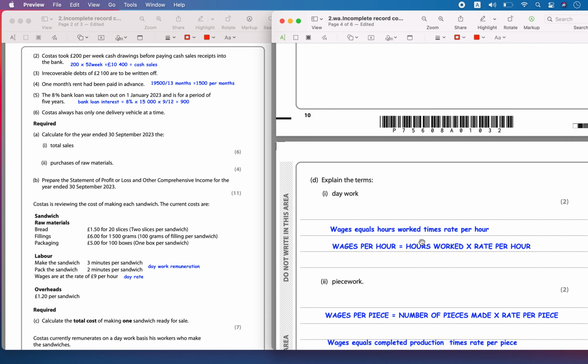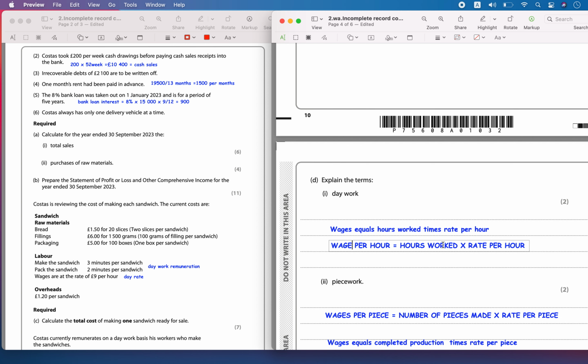Now the next question is, explain the terms day work. Day work means wages paid per hour: how many hours worked times the rate per hour.